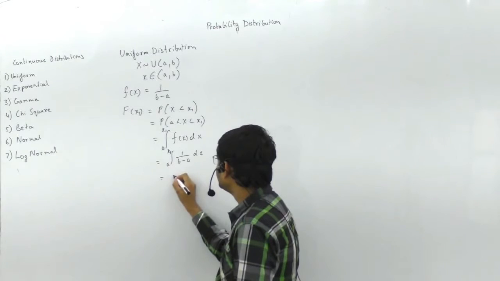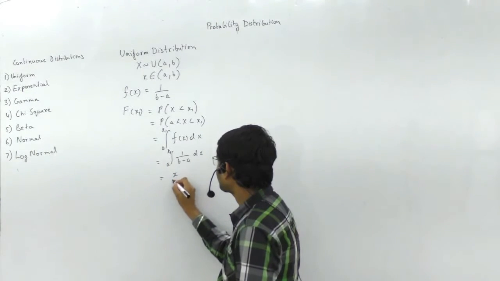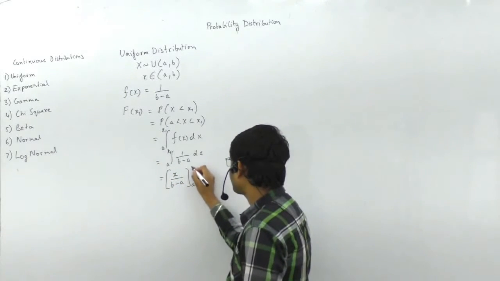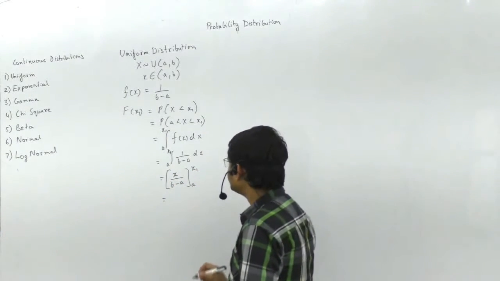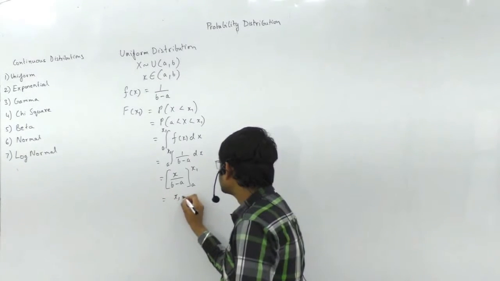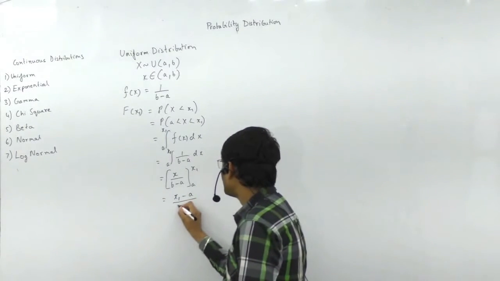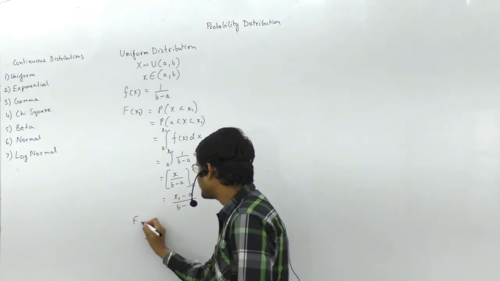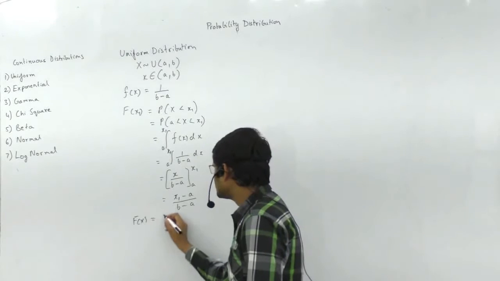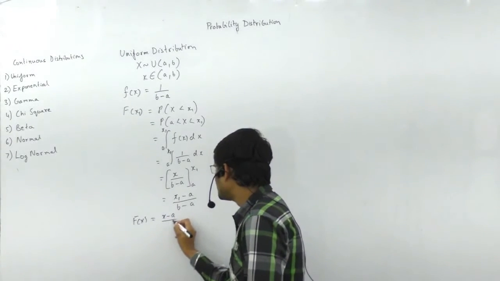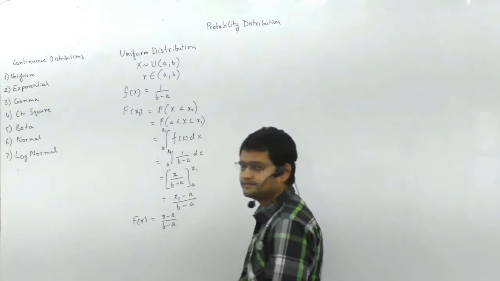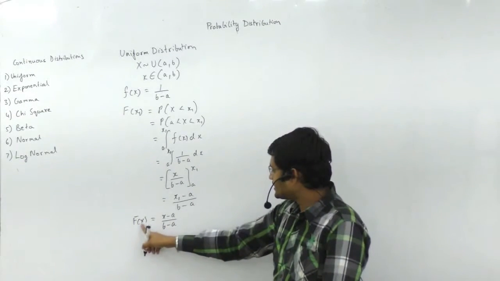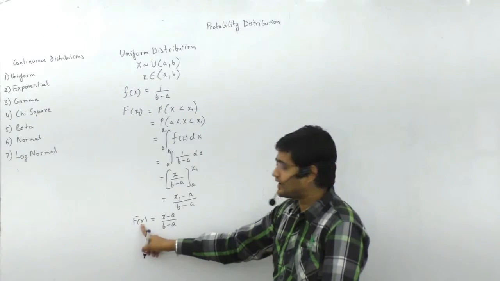Integration is going to give me, after putting the limits, x1 minus a upon b minus a. Or for a generalized formula, you can write F(x) is equal to x minus a upon b minus a. So this is nothing but probability less than or equal to this particular value x.